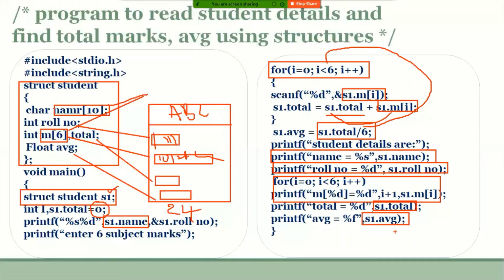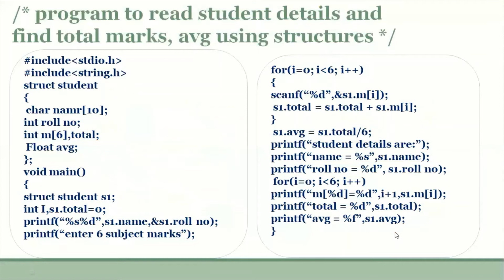This program illustrates reading structure members from the keyboard, that is dynamic initialization, finding the total of subject marks, calculating the average and displaying the same details. That is the arrays within the structure concept, also illustrated in this program.